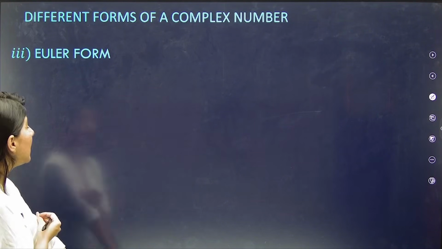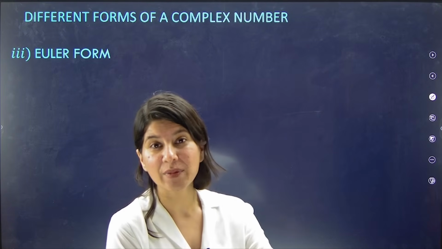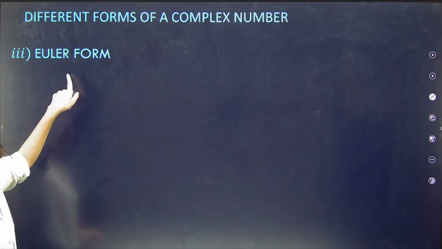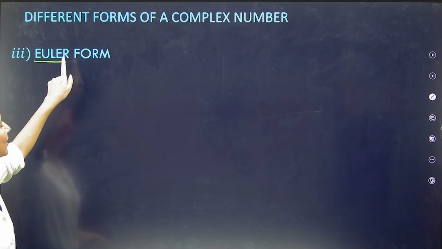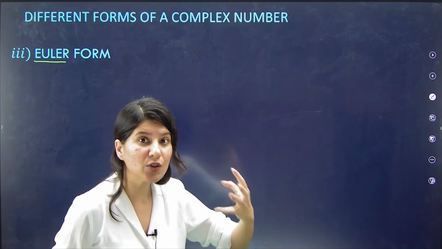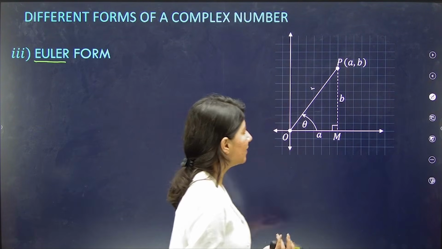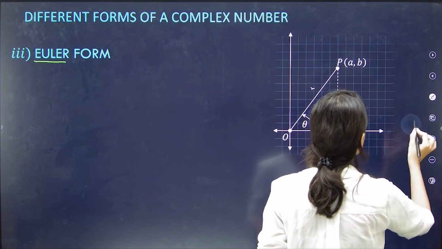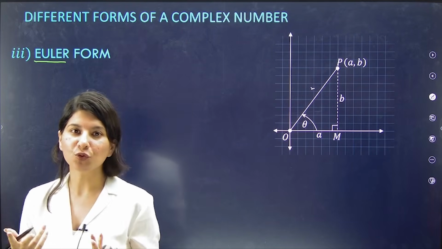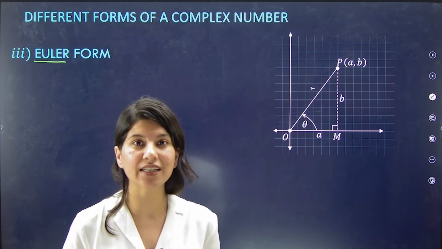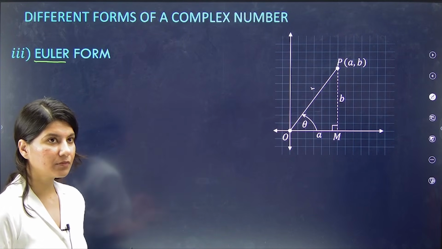Now there is the third form, my favorite form, Euler's form. Euler is a mathematician, but we pronounce it as Euler's form. In Euler's form, again, the same thing we need to know: r, that is modulus, and theta, that is argument.